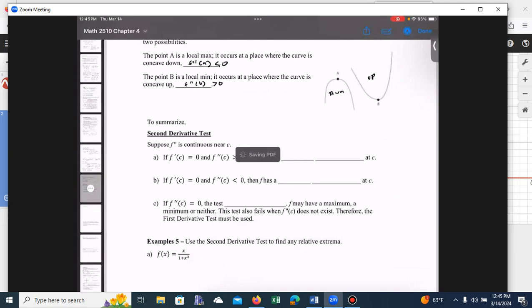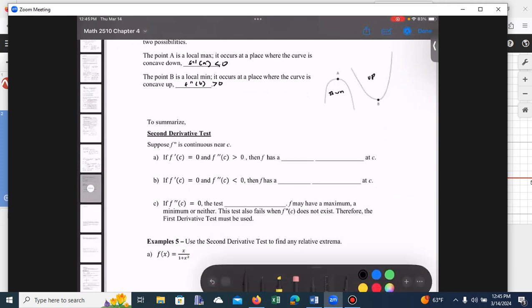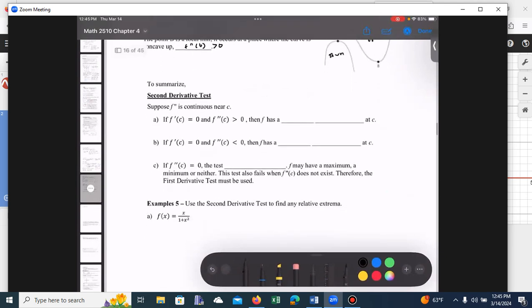So suppose the second derivative is continuous near C, and the first derivative equals 0 at C, and the second derivative is positive at C, then you have a local minimum. But if the first derivative is 0 at C and the second derivative is less than 0 at C, then you have a local maximum.